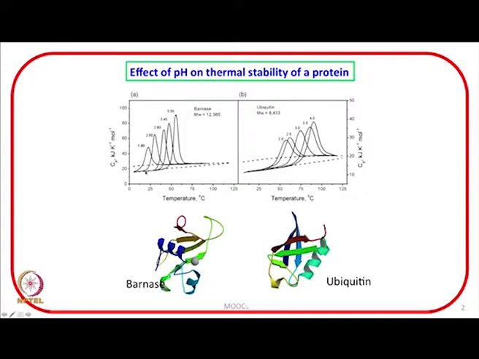In other words, the increase in thermal stability is also leading to an increase in the calorimetric enthalpy of unfolding. Obviously, if the conformational stability of the protein is strengthened, the calorimetric enthalpy will also be more, because the process will become more endothermic. You will require more heat to overcome those additional interactions.